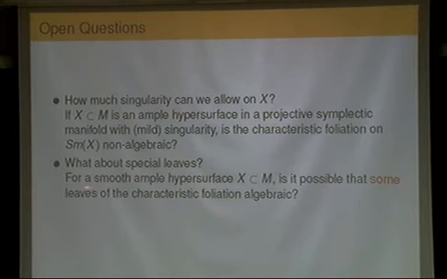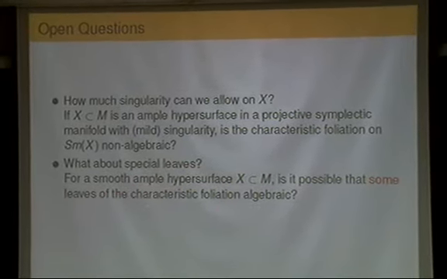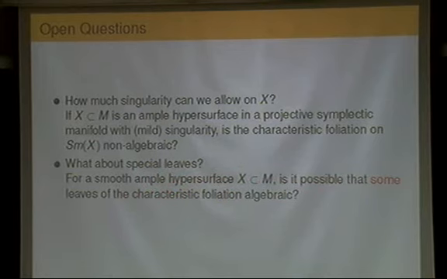What we showed is that some leaf is not algebraic. But we don't know whether all leaves are not algebraic or some leaves may be algebraic. So this is a question, but this is certainly a much more difficult question. And our method certainly doesn't apply to a question like this.